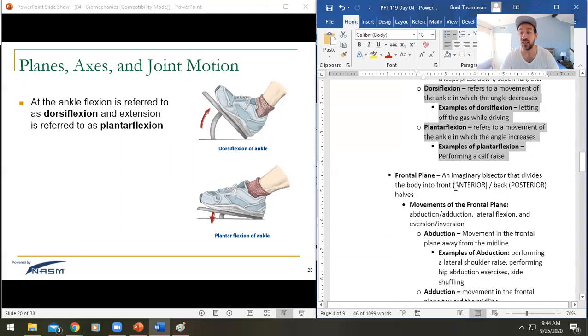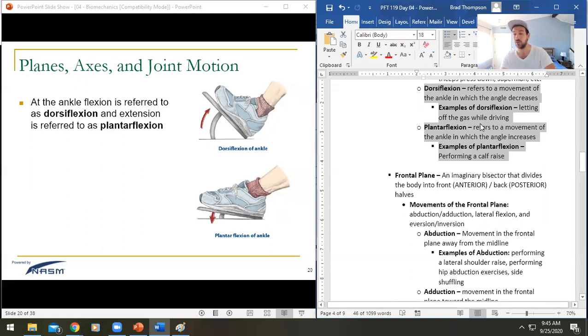So let's look at the ankle. Now you have two special terms because your ankle is weird and can do a lot of movements. You've got dorsiflexion, and you don't have an extension, but they call it plantar flexion, because technically both of them are angular decreases from different parts.